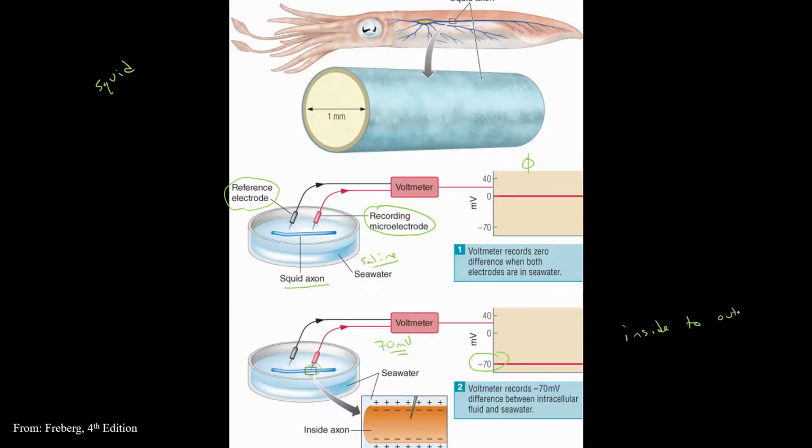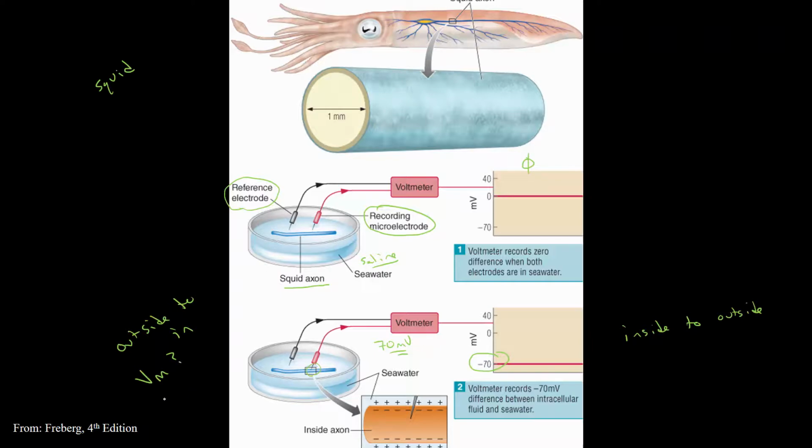For this next question, don't get confused. This isn't how we normally talk about it. But what if, for some reason, I wanted to talk about the outside compared to the inside? Let's reverse that. What's the membrane potential outside compared to in?